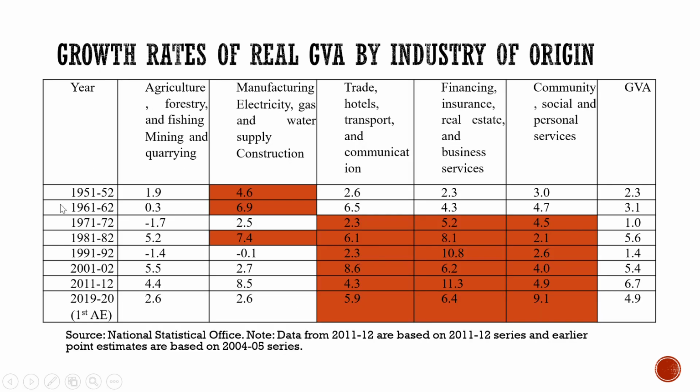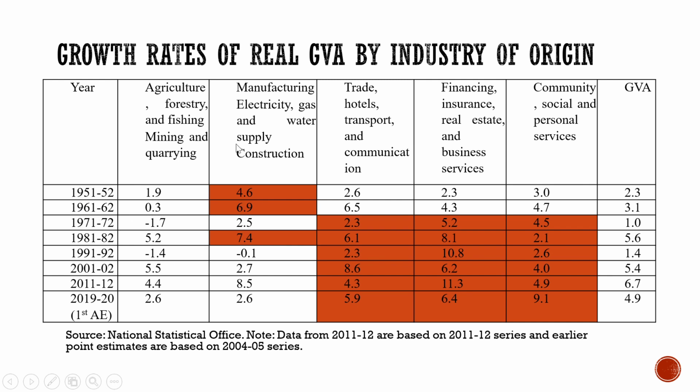Now, the growth rates of real GVA, or gross value added by industry of origin. As we can see, the growth rate of agriculture and allied and the mining and quarrying sector is all along very low, and sometimes it is negative also.